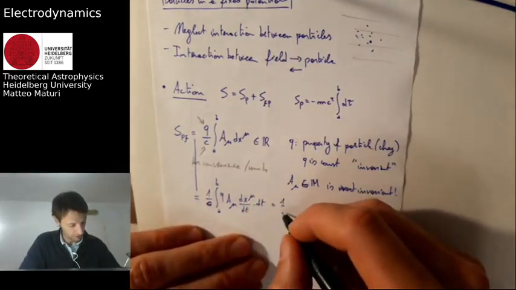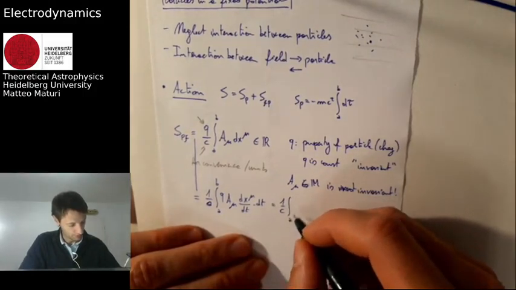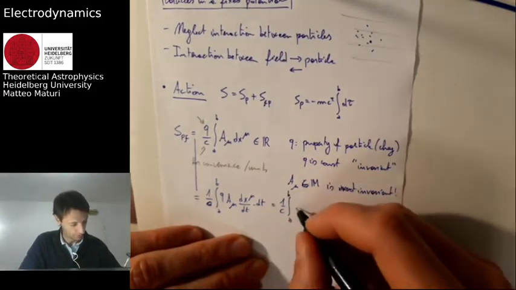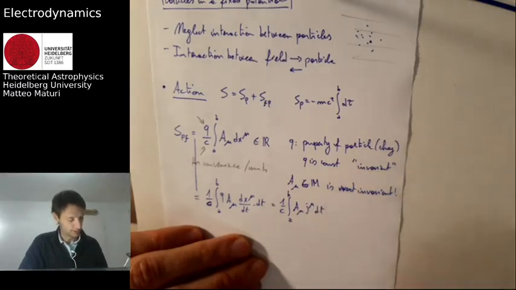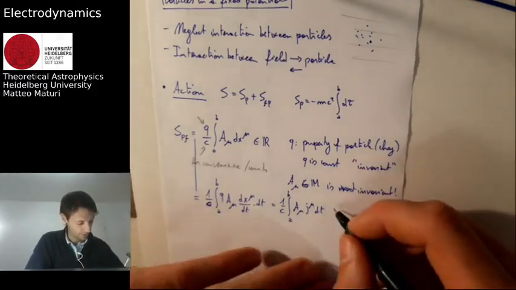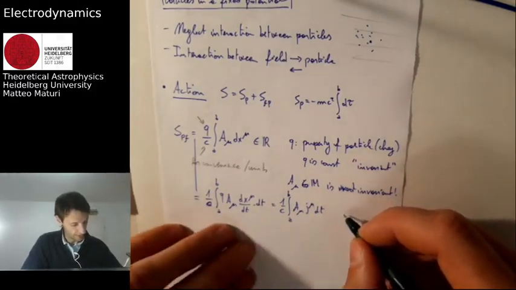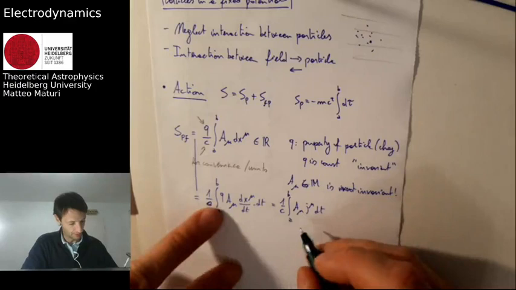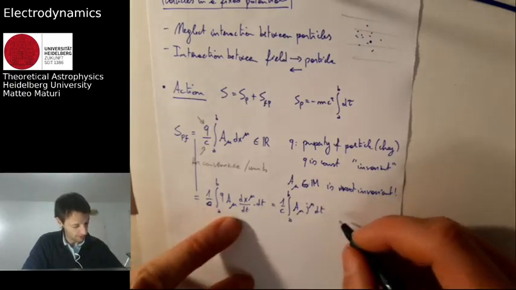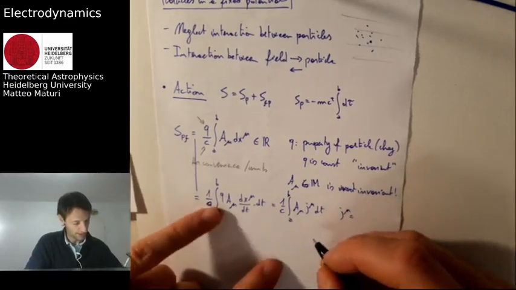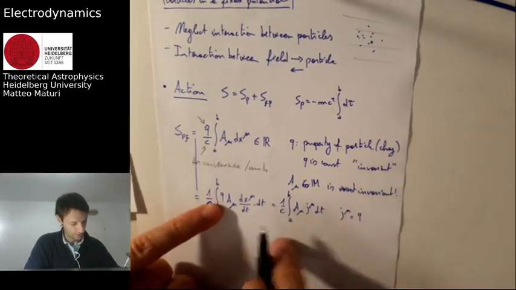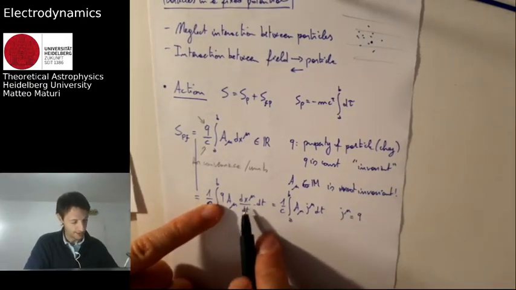Multiplied by Q, this is related to the current, to the force current, because I have A mu J mu dt as my new action, where we basically have defined J mu, as we already said, as Q times dx mu.